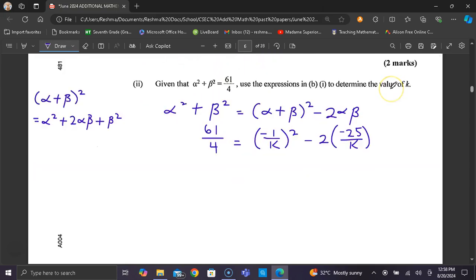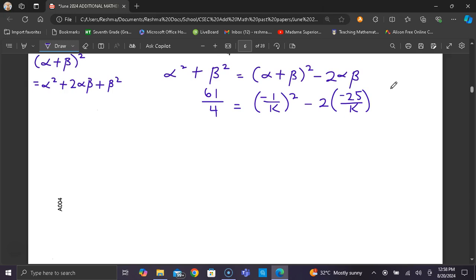Okay, so let's simplify our right-hand side now. So negative 1 over k squared, negative 1 squared is just positive 1. And of course, we have k squared. And minus times a minus, that will actually give us a plus. 2 times 25 will be 50 over k.